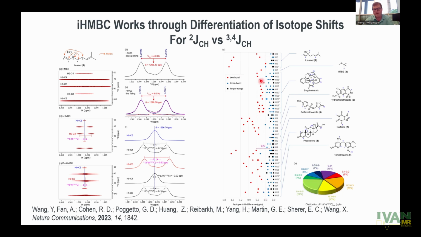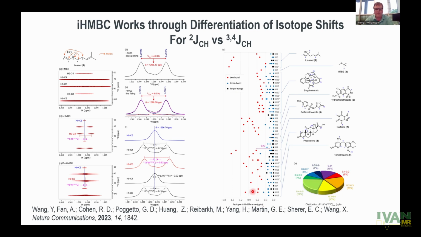And so you can see here, even though these shifts are quite small, with the appropriate amount of digitization, we can see that they are measurable and they do follow a very nice, striking trend where we only see maybe one exception out of all of these isotope shifts that were observed.